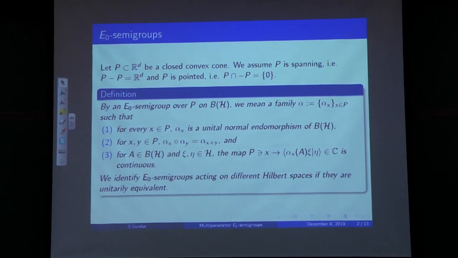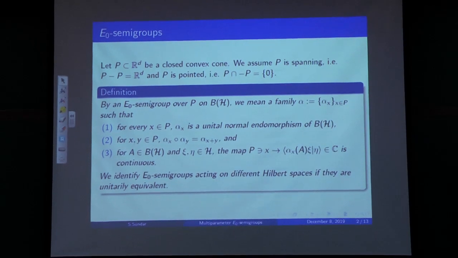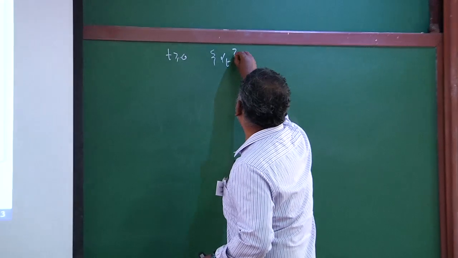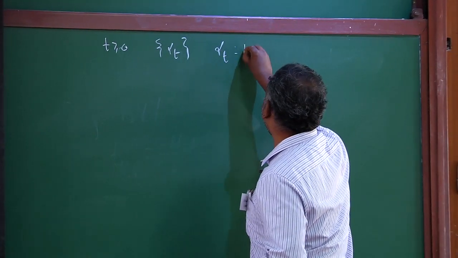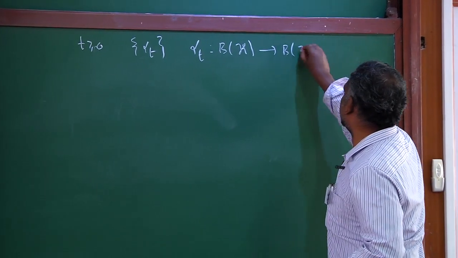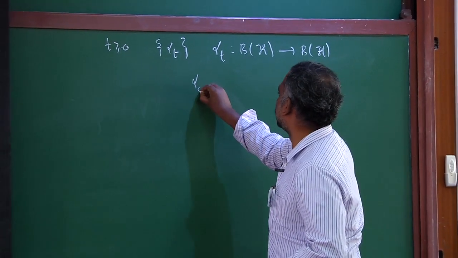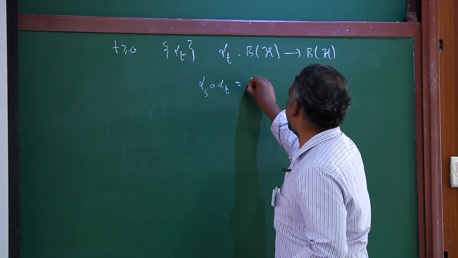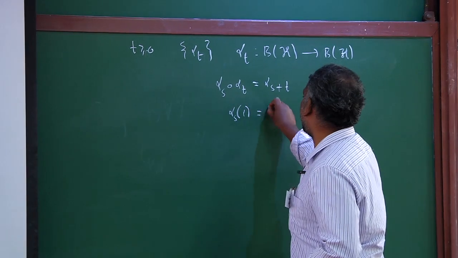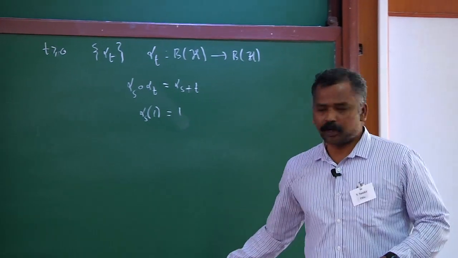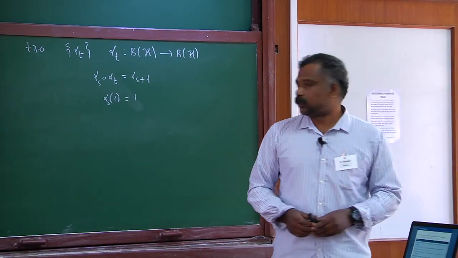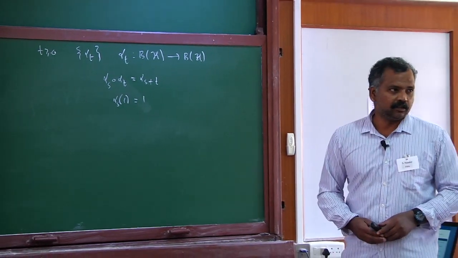For every t positive, you have alpha t, an endomorphism of B of H, and it satisfies the semigroup law, that is alpha t alpha s is alpha s plus t, alpha s of 1 is 1, and of course it's a von Neumann algebra, so you would require that to be continuous in the appropriate sense, and you also require continuity in t.